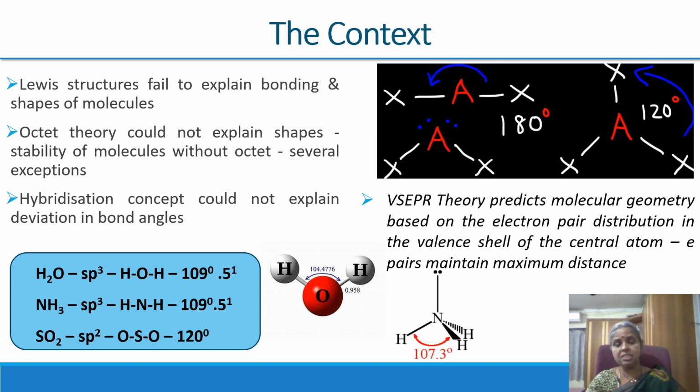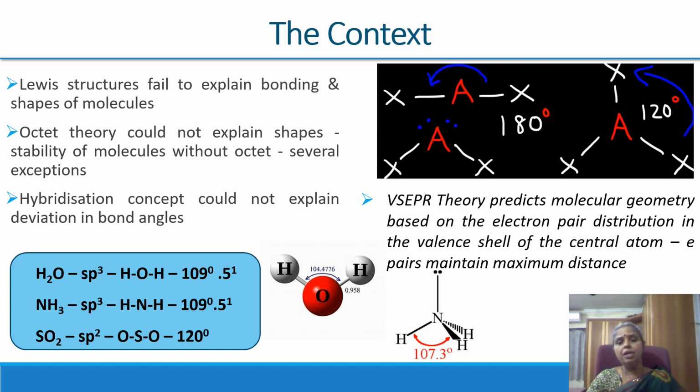VSEPR theory, which is valence shell electron pair repulsion theory, predicts molecular geometry based on the electron pair distribution in the valence shell of the central atom. See, the name itself indicates this theory is focused only on the valence shell. Point number one, the valence shell of the central atom only.